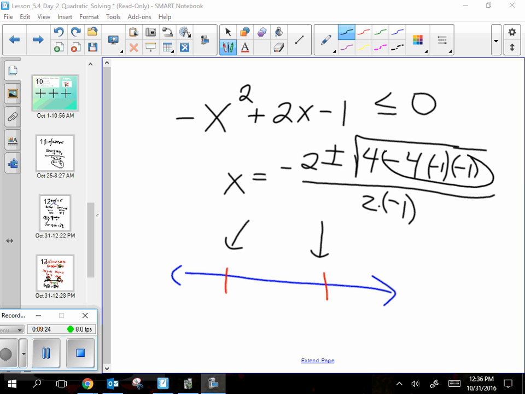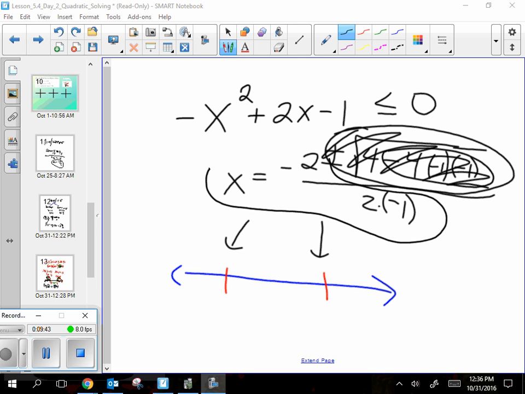Do you get that there's 3 negatives in there, which makes it negative? And therefore 4 minus 4 makes 0. So this whole thing becomes 0. And therefore it's just that. Which means that looks like that vertex formula, which means we're at the vertex.